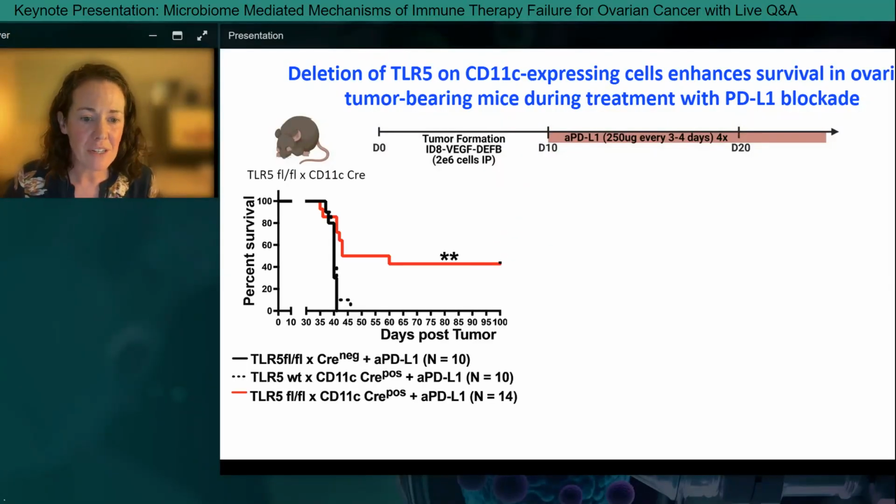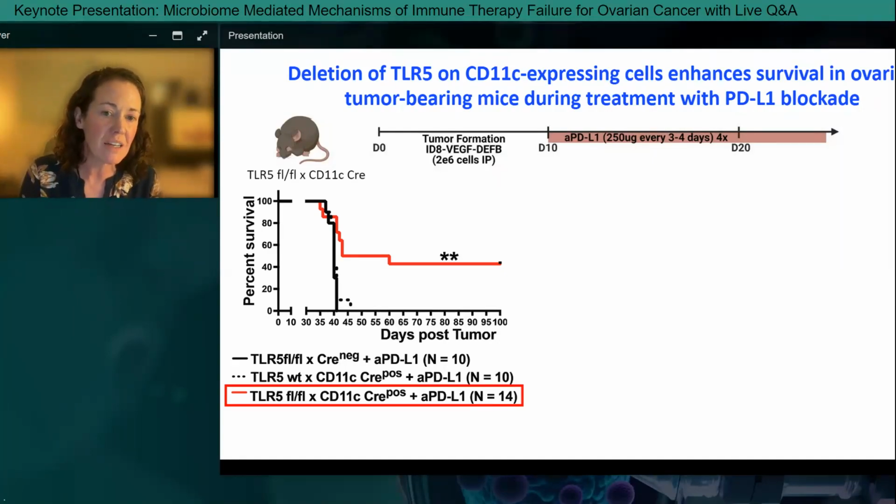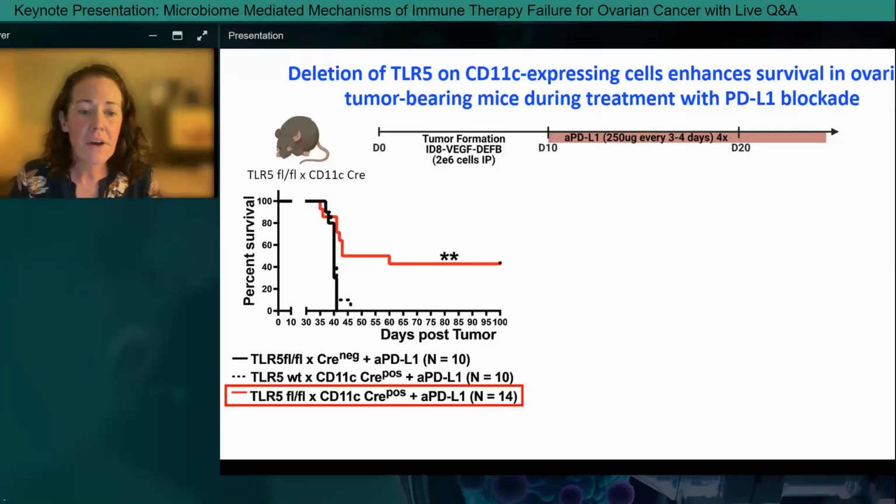And what we found, as highlighted by this solid red line, is that yes, if we knock out TLR5 specifically on dendritic cells, or all cells expressing CD11c, we see an improvement in response to immune checkpoint blockade, although it's nowhere near as robust as a full knockout mouse, suggesting that there are other cell types that are also receiving this signal for TLR5.